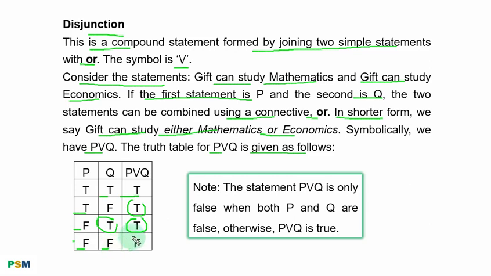For that reason, the outcome here is false. Note the statement P or Q is only false when both P and Q are false. Otherwise, P or Q is true. It is only at this point that P or Q is false, because both outcomes are false.